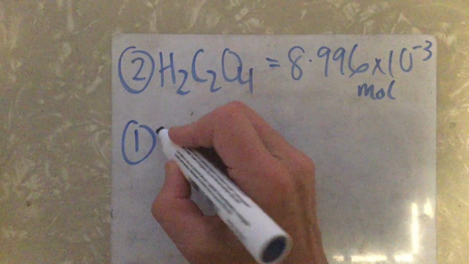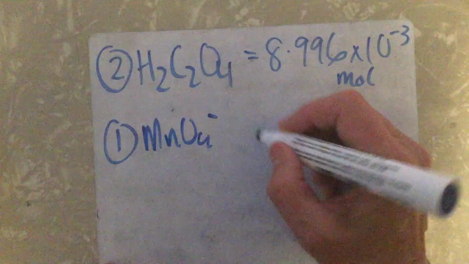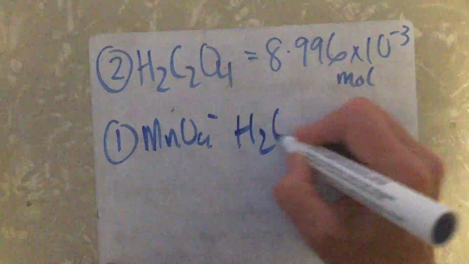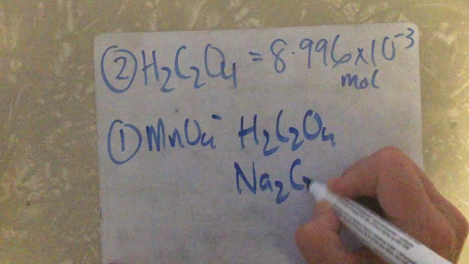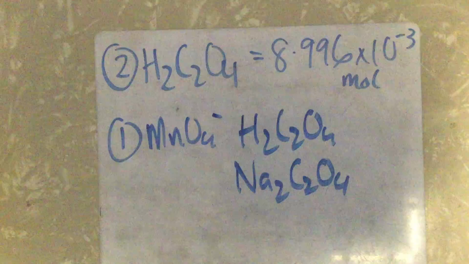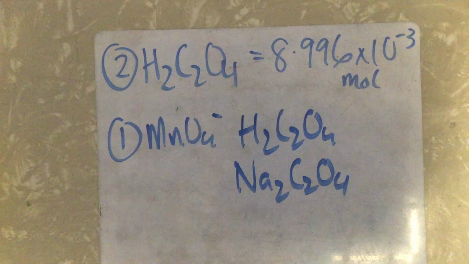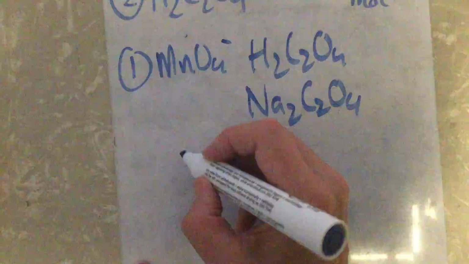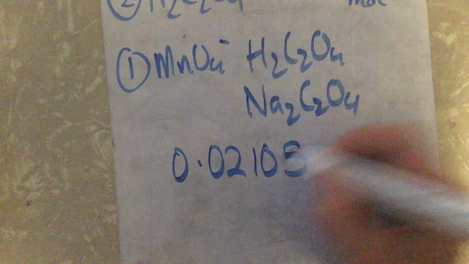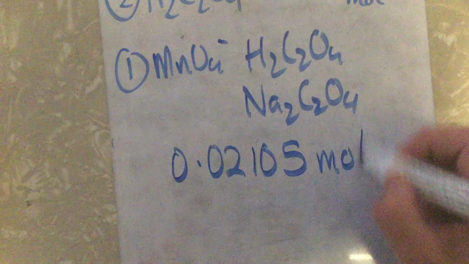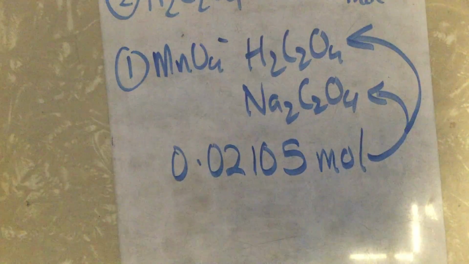Now, permanganate will oxidize both the C2O4 2- ions from the acid and the C2O4 2- ions from the sodium oxalate. So this number here, 0.02105, is the number of moles of both of those together.